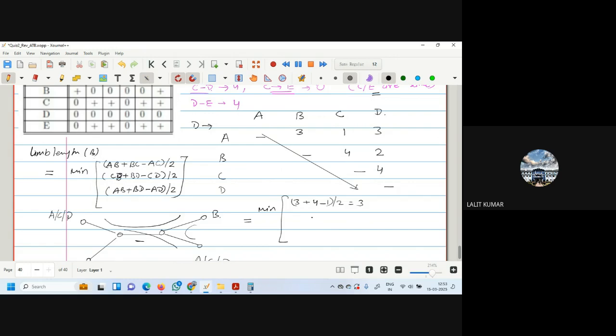BC is 4 plus BD is 2 minus CD is 4 by 2 is equal to 1. Last one is AB 3 plus BD 2 minus AD is 3 divided by 2. So this also becomes 1.